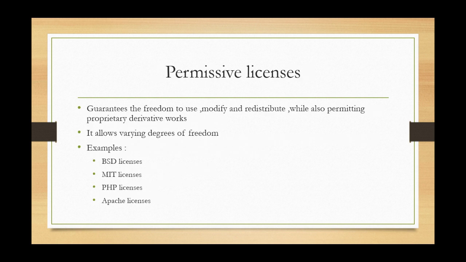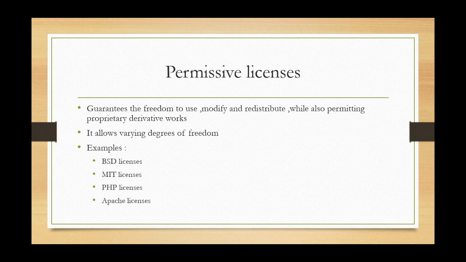We have another category of license that is called the permissive open source license. This is against the copyleft. The permissive open source license guarantees the freedom to use, the freedom to modify, and to redistribute. But the difference is that if you adopt a license with copyleft, it means that even the derivative works, the works that follow after the original work, must adhere to the copyleft license.